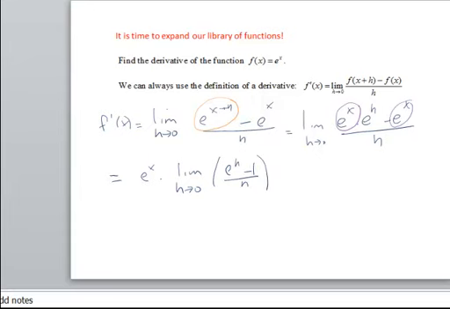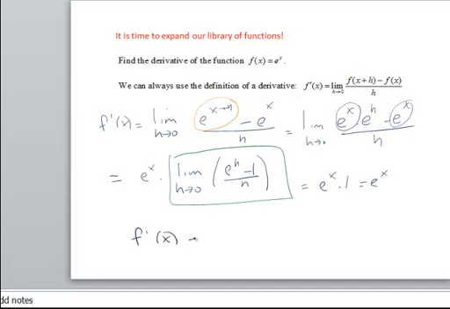And if you recall from last class, this limit right here was equal to 1. So now we have e to the x times 1, which is e to the x. Therefore, the derivative of e to the x is e to the x.